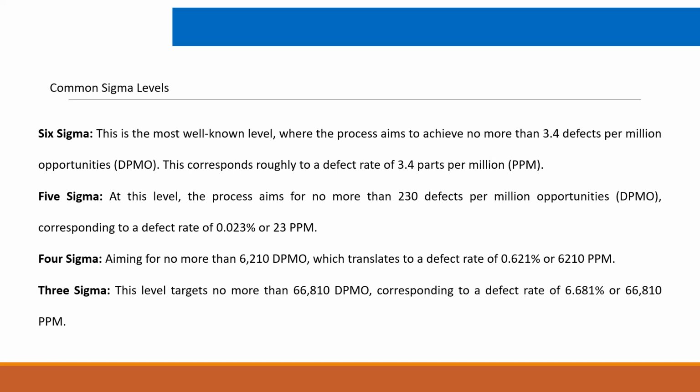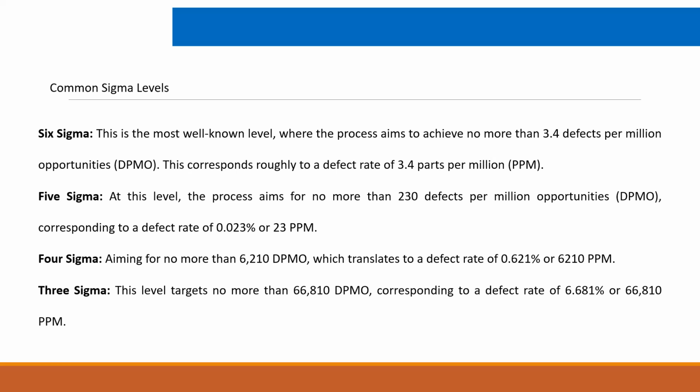At this level, the process aims for no more than 230 defects per million opportunities. This is a simple calculation. If you are at 5 Sigma, how much error are you allowed to make per million? 230 maximum.